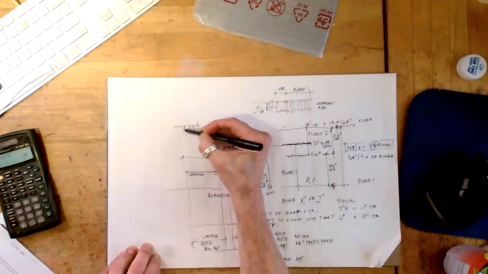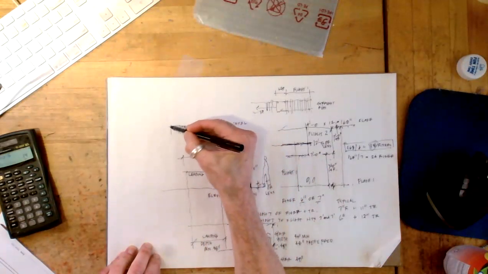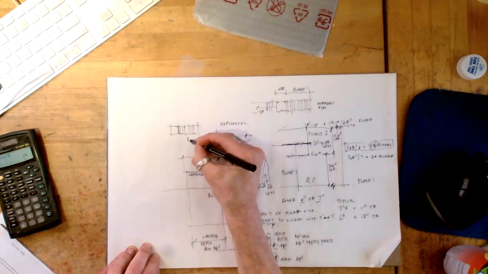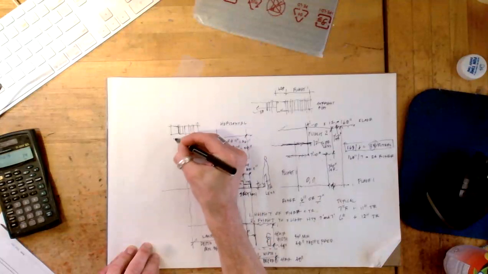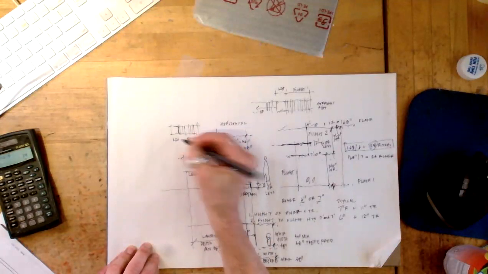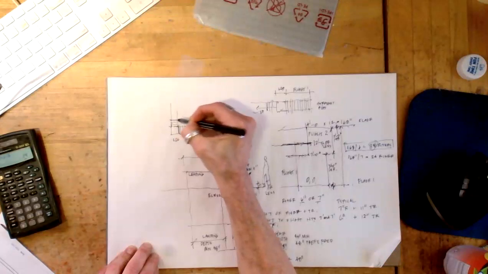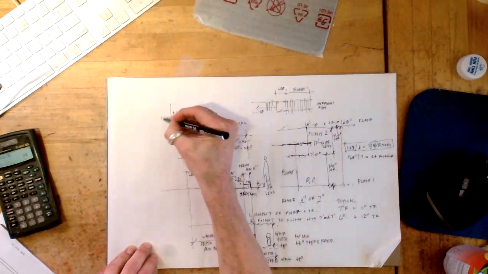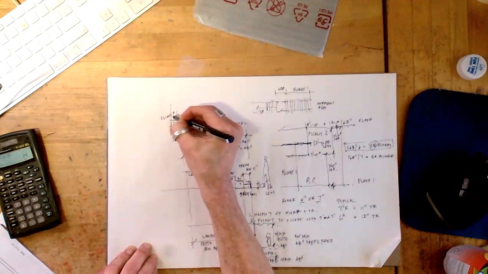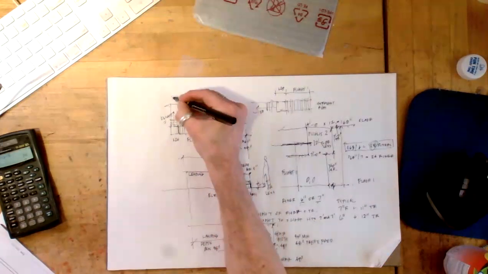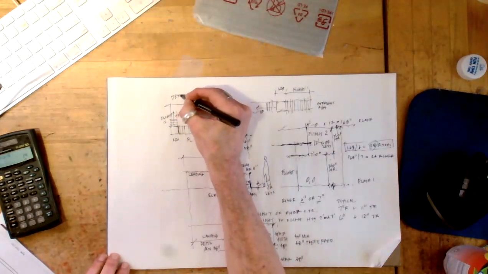I'm not drawing it to scale. Flight 1, landing, up, and this is flight 2. And then your destination is at the very top.